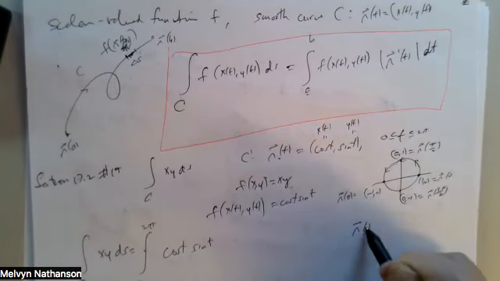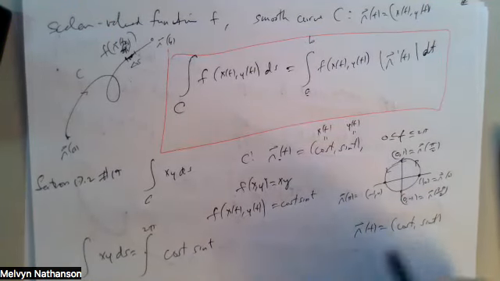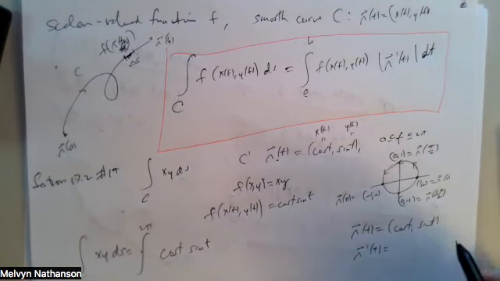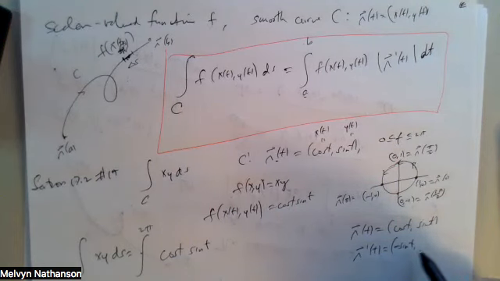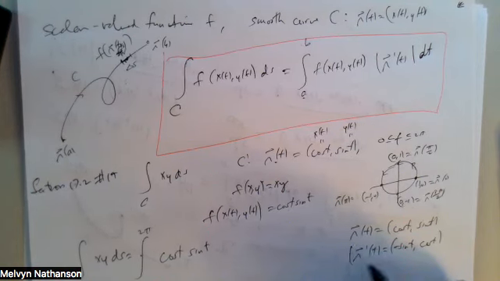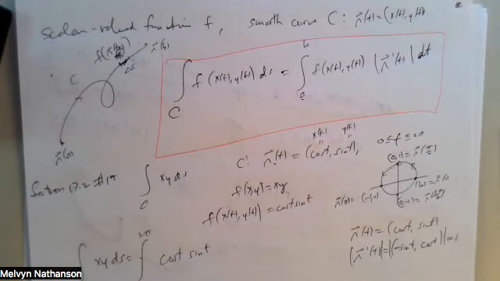Well, if r of t is cosine t, sine t, when you differentiate this vector valued function, the derivative of cosine is minus sine t, derivative of sine t is cosine t, and the length of this is 1. It's just another point on the unit circle. So it's cosine t sine t times 1 dt.